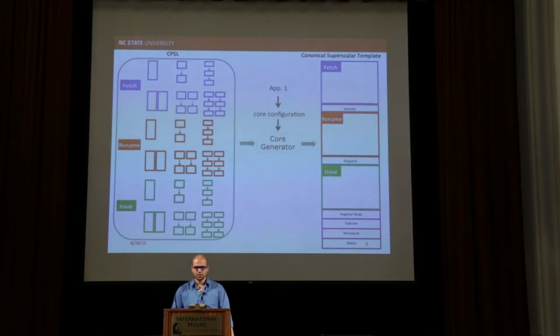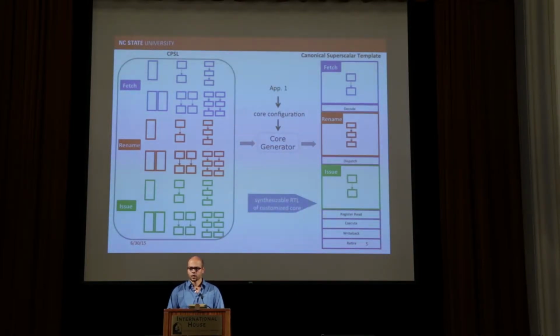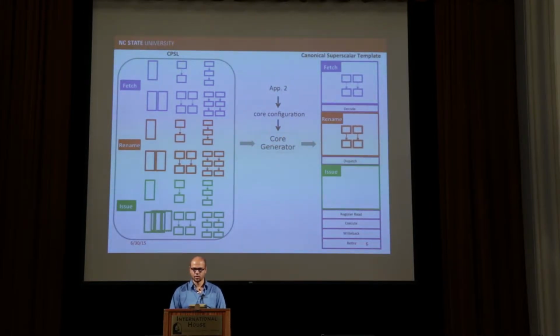So you do some performance evaluation, decide on what core type you want, and then you input that into the core generator, and it'll just pick and choose. It'll just stitch the different stages into a pipeline, and you have your synthesizable RTL of a customized core. Another example of the same thing, but picking different designs this time for a different app.